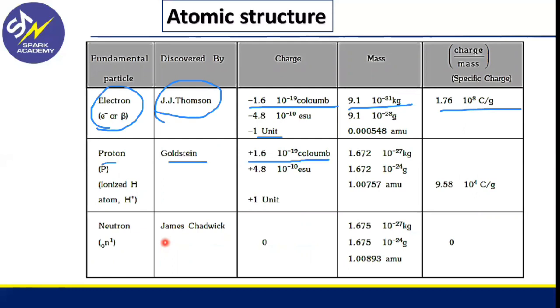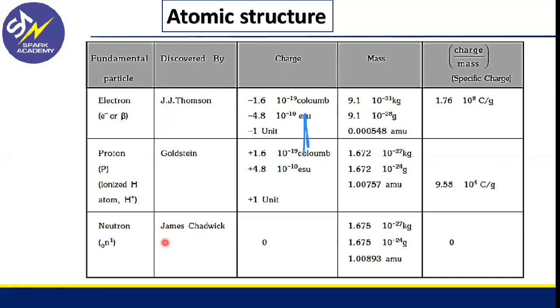The charge is again plus 1.6 times 10 to the power of -19, and this is the mass, and this is the specific charge. Neutron was discovered by James Chadwick. The charge is 0. Again, the mass is 1.675, similar to the proton. So that means the charge of proton and electron is similar in magnitude, and the mass of proton and neutron is similar.